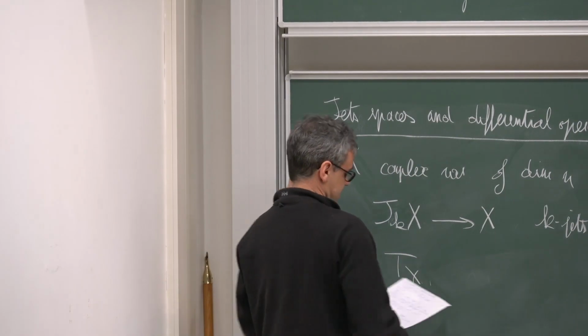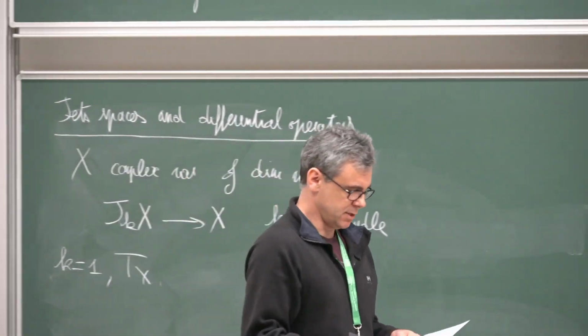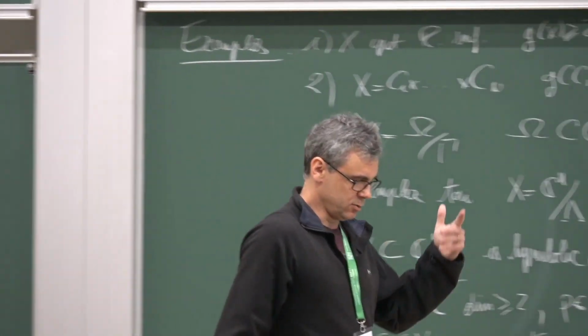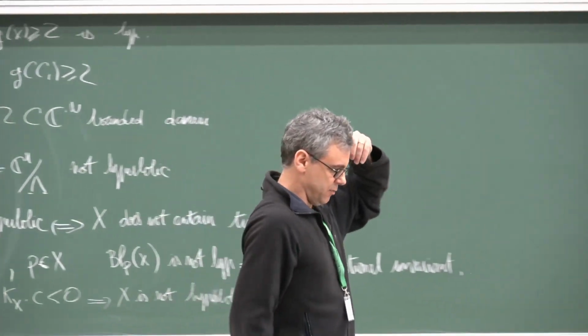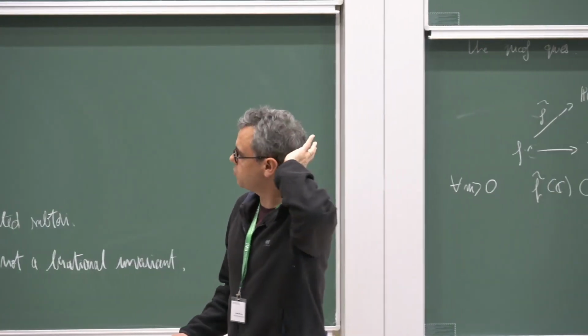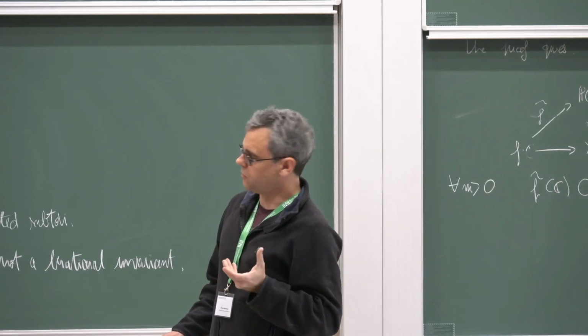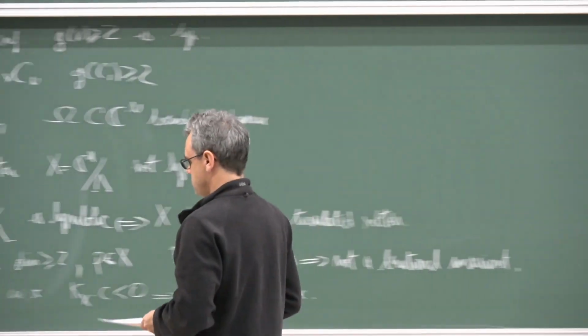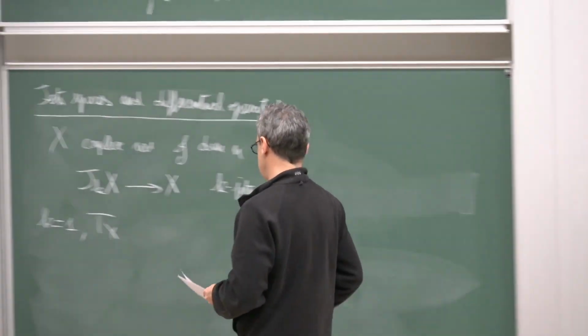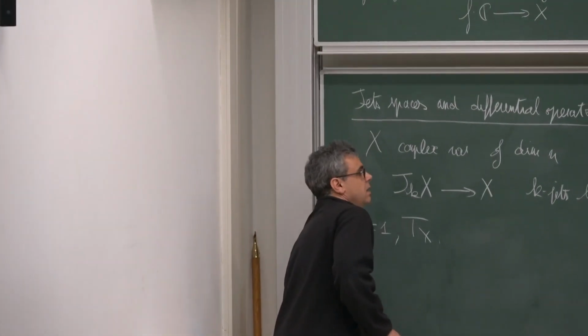So for k equals 1 it is just the tangent bundle. And so we want to consider functions on these jet spaces, which will be encoded in a vector bundle. So this is the so-called Green-Griffiths bundle.